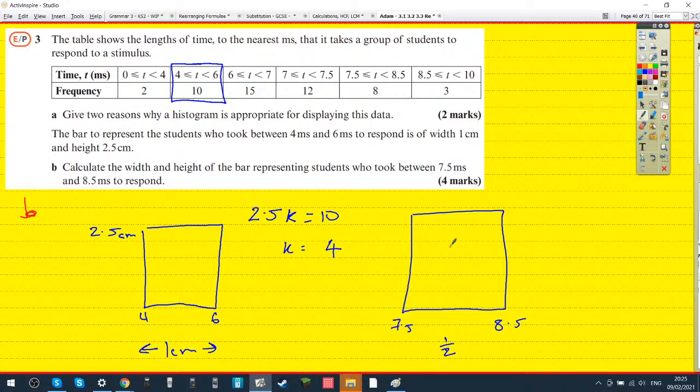The area is the people, isn't it? Yes, but it's how it's represented. On this one, an area of 2.5 centimeters squared represents 10 people. And what area would represent 8 people?